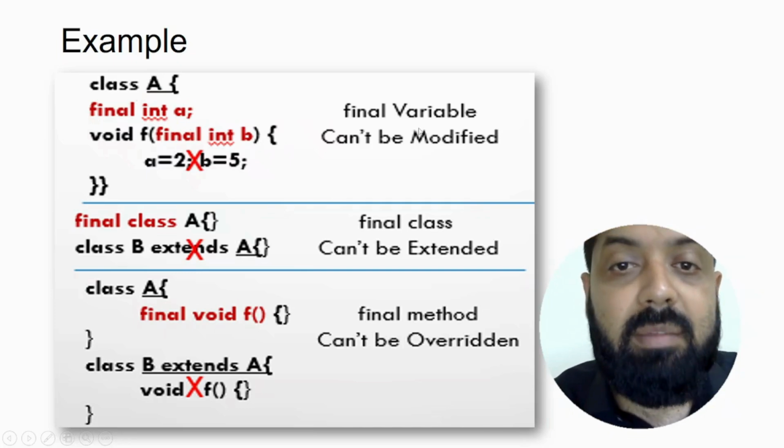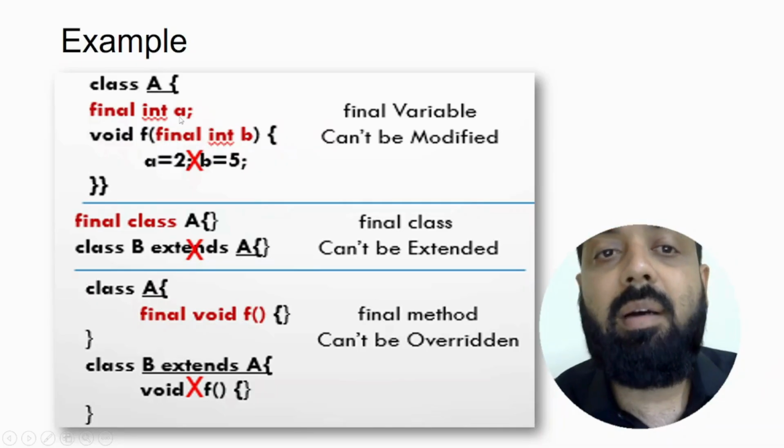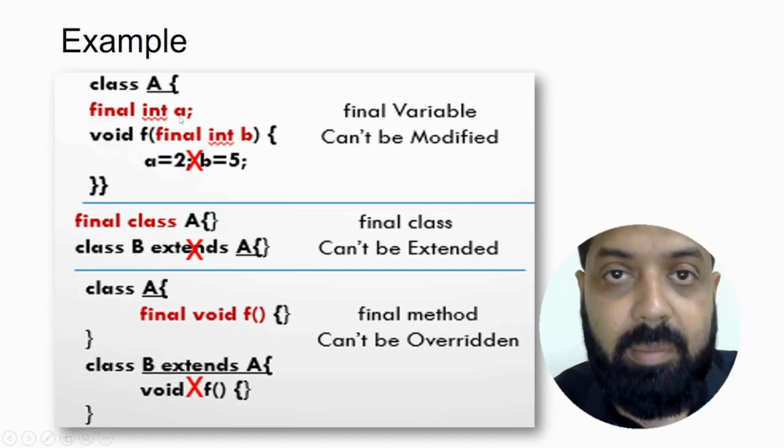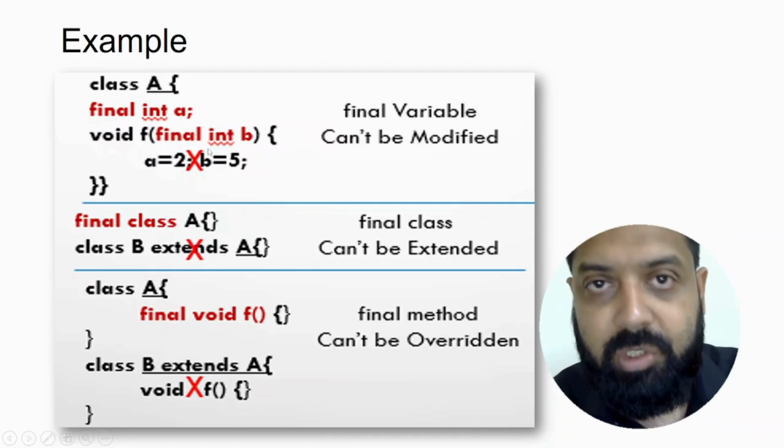It means that a final variable cannot be modified. If you use the final keyword with a variable, it remains constant, meaning you cannot change that value even inside some function.